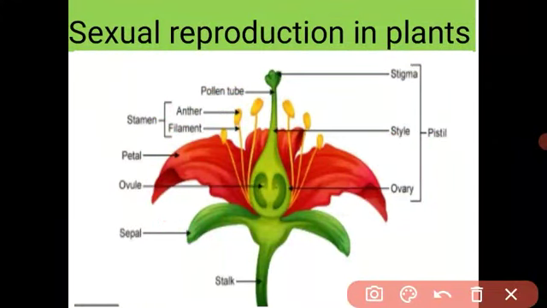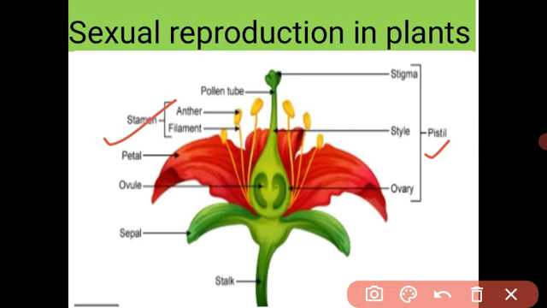And the flower which contains only the male part, where only stamen is present, or otherwise only pistil is present, is called the unisexual flower. Got it? Unisexual means जिसमें एक तो मेल पार्ट है, अदरवाइज एक तो फीमेल पार्ट है. There are two types of unisexual flower.